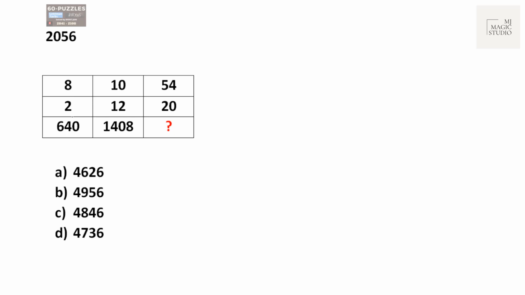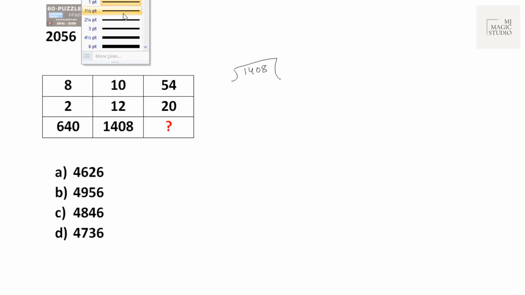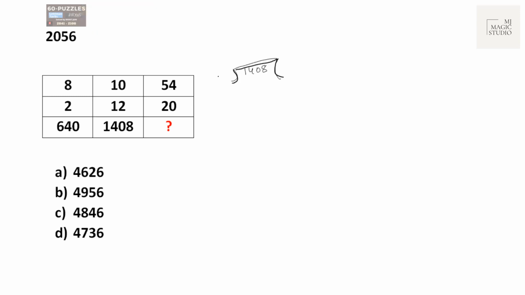Now 8 plus 2 is 10, 640 by 10 would be 64. 10 plus 12 is 22. 1408. Let me change this. Divided by, if I go for 64, 2 times 128, and then again 128, 2 times.